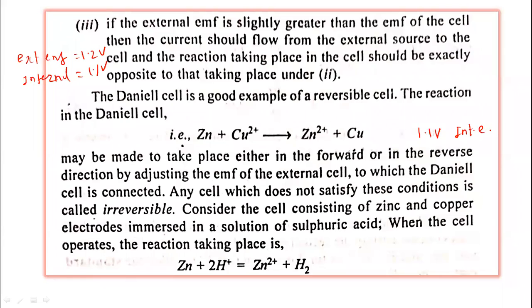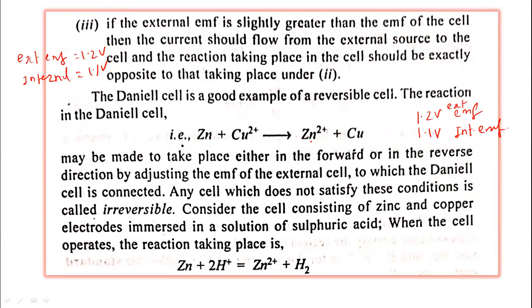Electricity is produced here during the forward reaction. Now, if the external EMF is 1.2 volt, it is greater than the internal EMF.